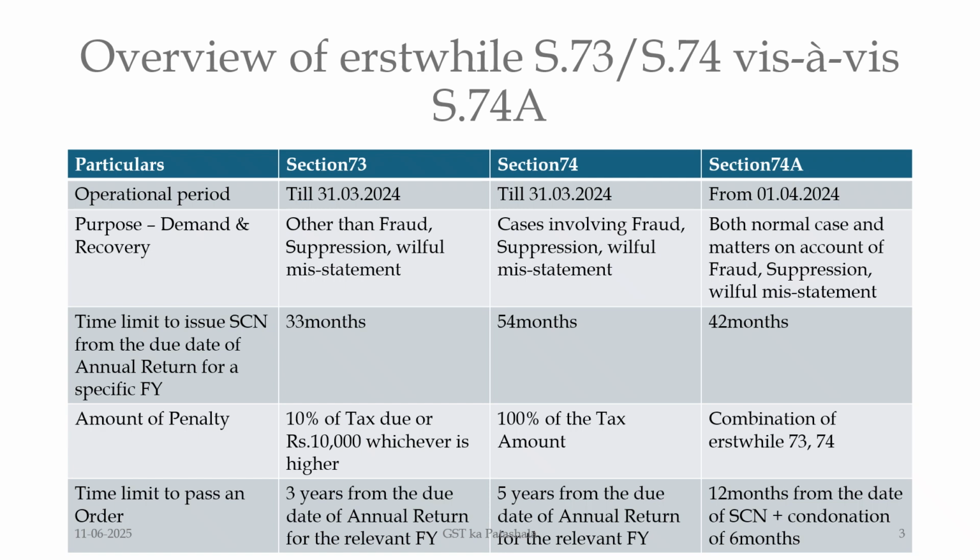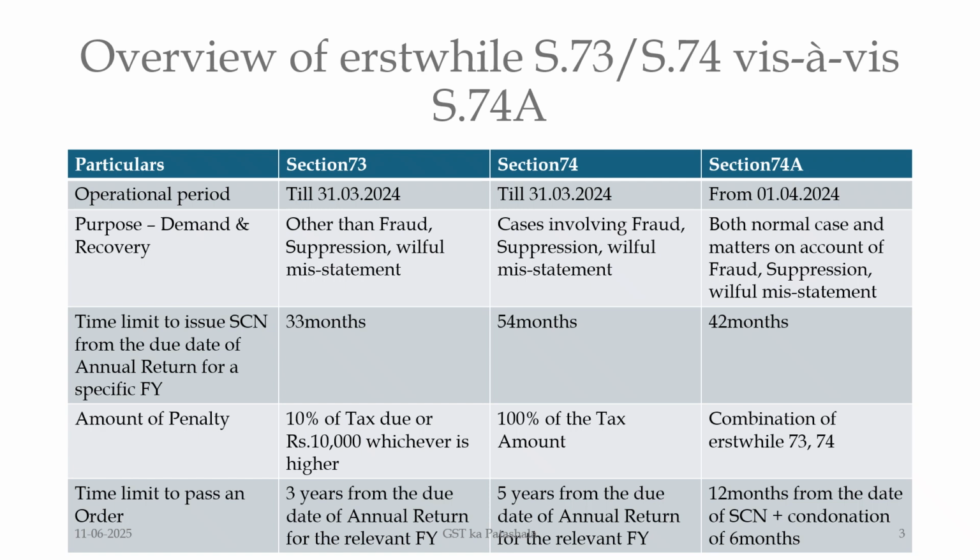In the case of Section 74A, this is a combination of Section 73 and Section 74. That means in cases where the tax is demanded on account of fraud, suppression, willful misstatement, the penalty shall be equivalent to the tax evasion. In normal cases, it shall be either 10% of the tax amount or 10,000, whichever is higher.